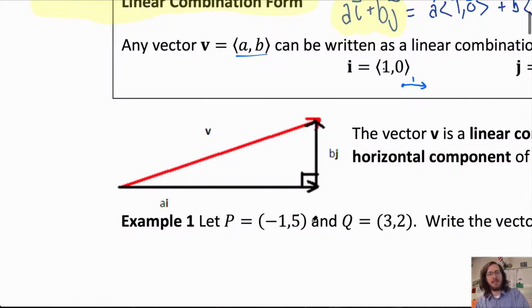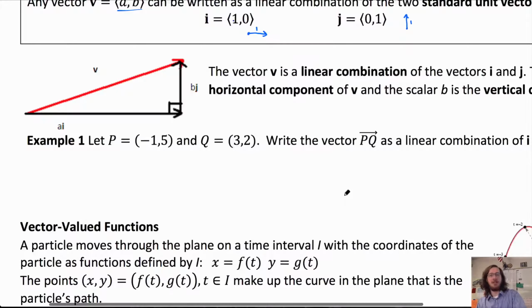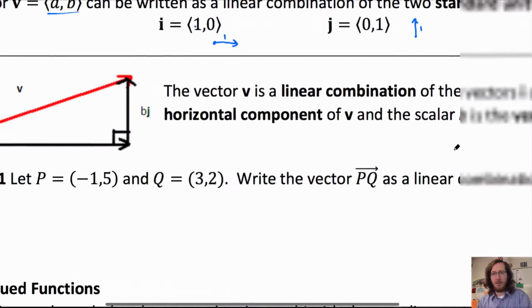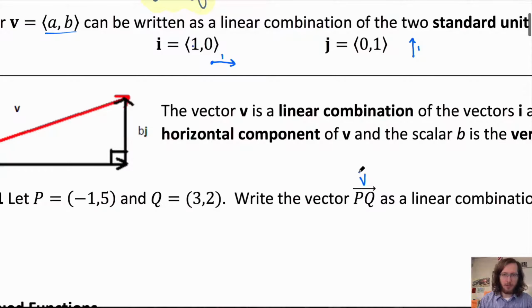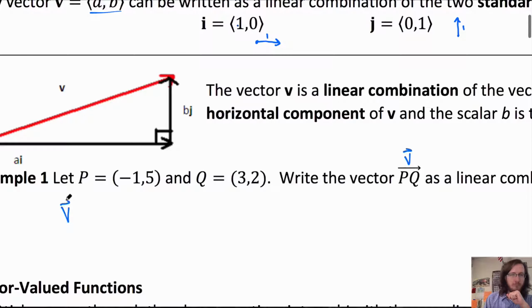All right, so in example 1, it says let p equal -1, 5 and q equal 3, 2. Write the vector pq as a linear combination of i and j. Okay, so I'm going to name this vector pq vector v, just for simplicity's sake. If we want to put it in component form, going from p to q, we've got our x1, y1, x2, y2.